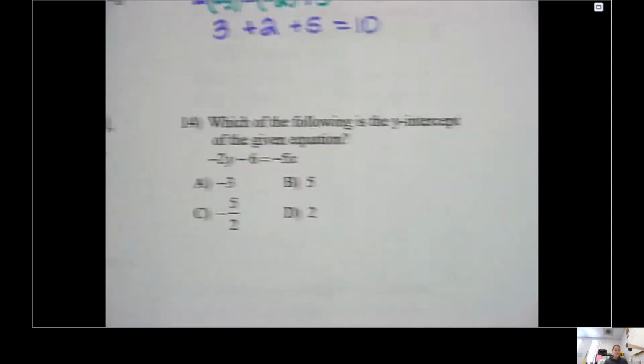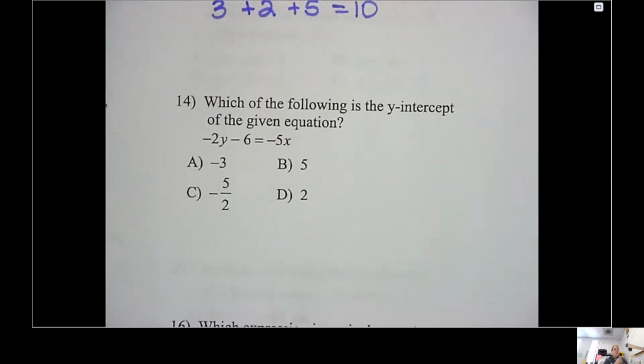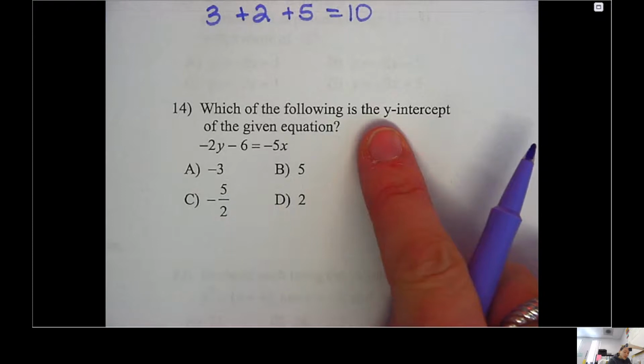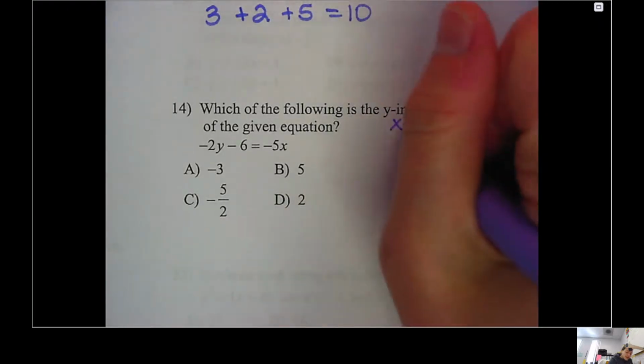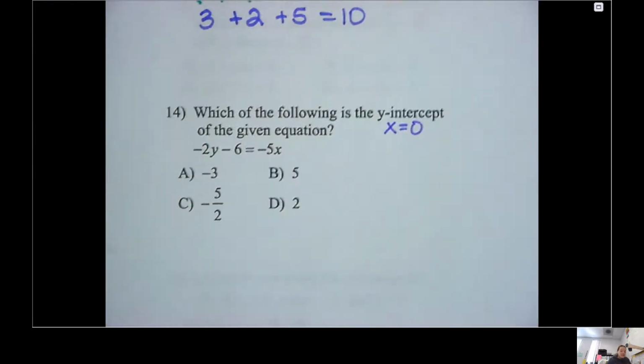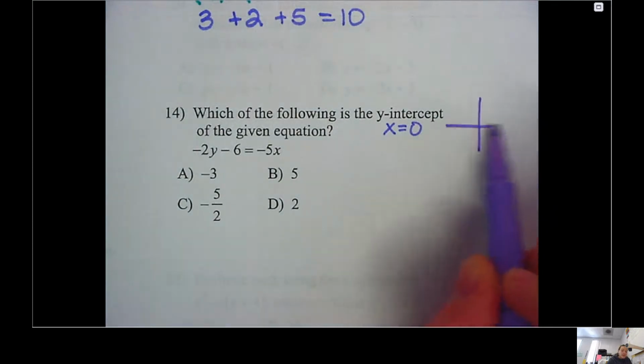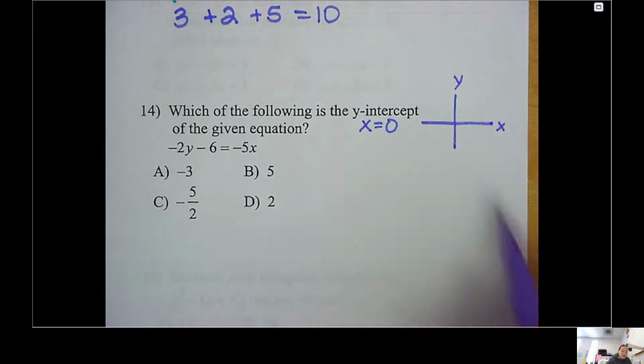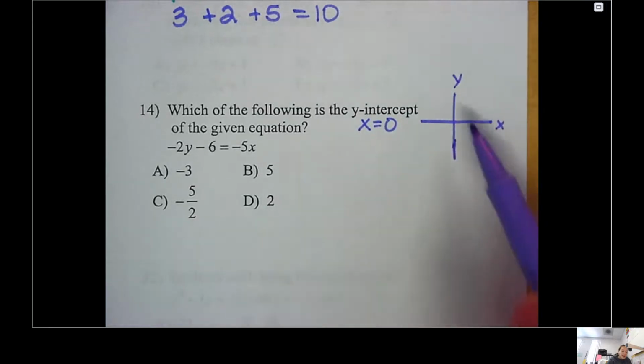Okay, number 14. Which of the following is the y-intercept of the given equation? So y-intercept is when the x value is 0, because think about y-intercept means where it crosses the y-axis.